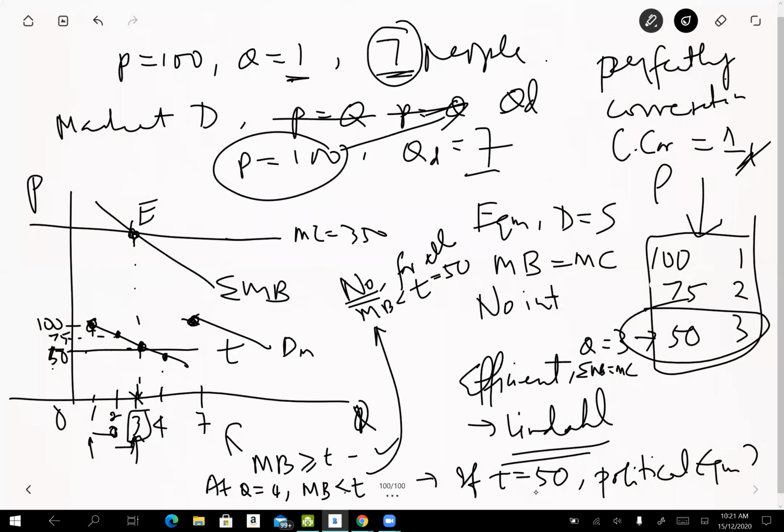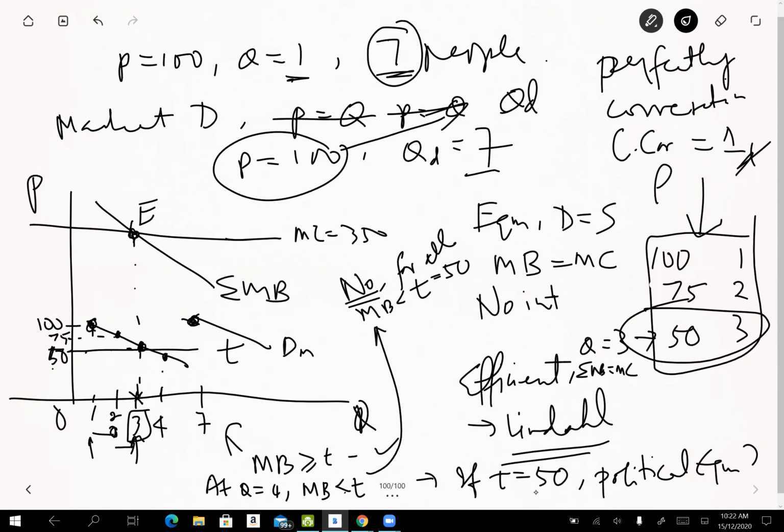Now, like I said earlier, political equilibrium does not necessarily equal the efficient point. But in this case, they are the same. Why are they the same? What is the reason for the two equilibria to be the same?